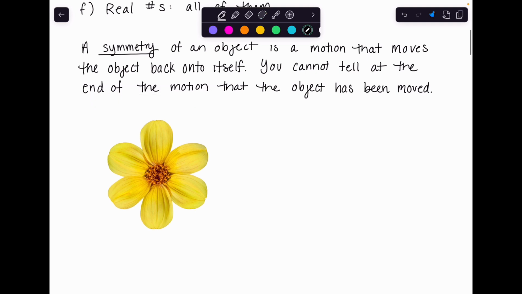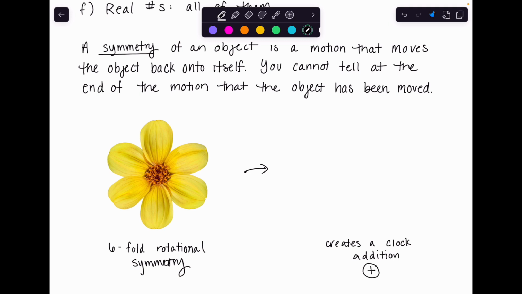So this particular flower has 6-fold rotational symmetry. And again, this creates what's called a clock addition. So it's still like our addition, but we put it inside a circle to indicate that it's a clock.